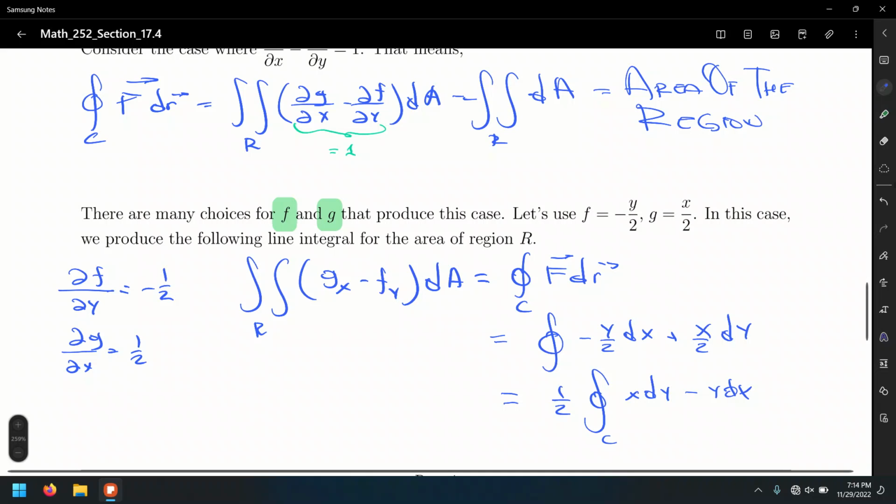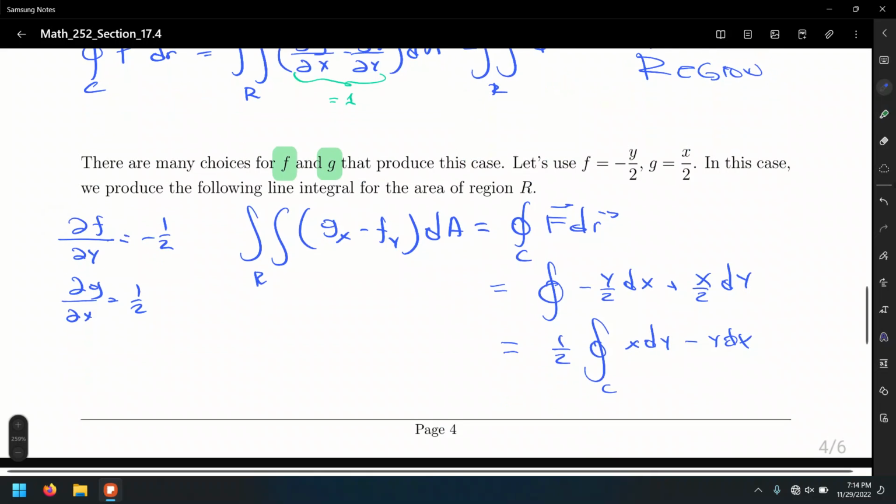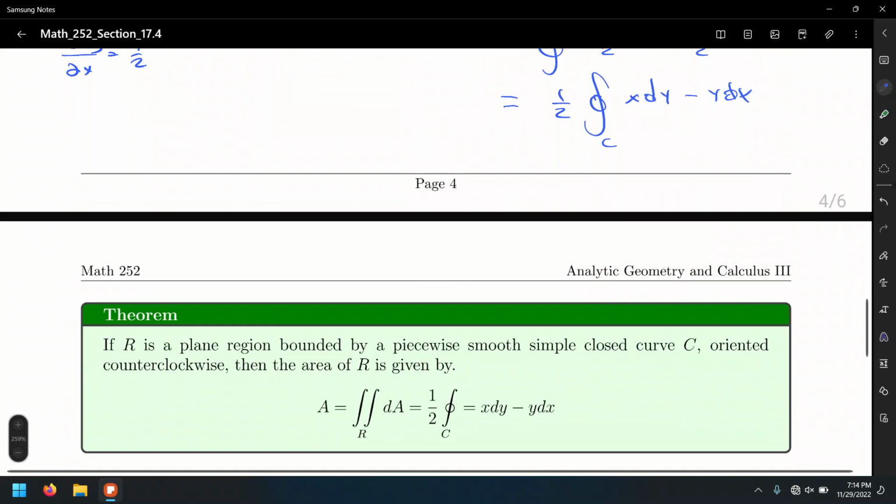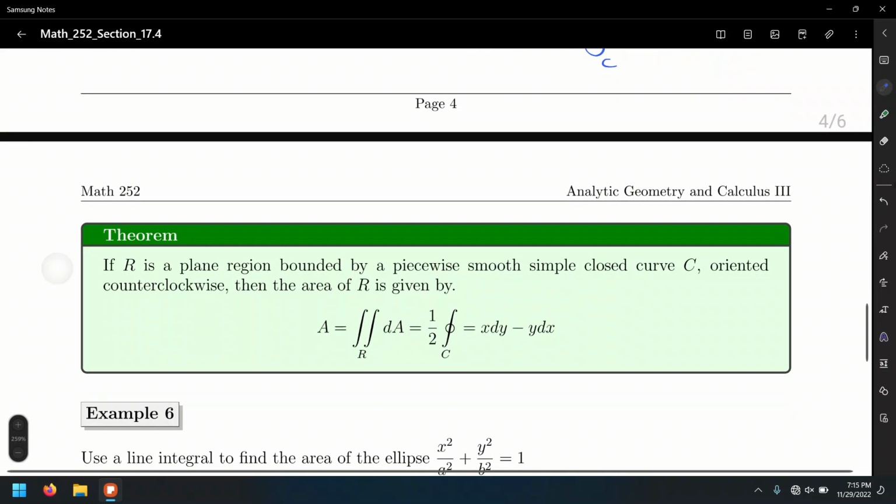I'm just changing the signs over here. Let's formalize this using this theorem. If R is a plane region bounded by a piecewise smooth simple closed curve oriented counterclockwise, the area of R is given by this line integral.